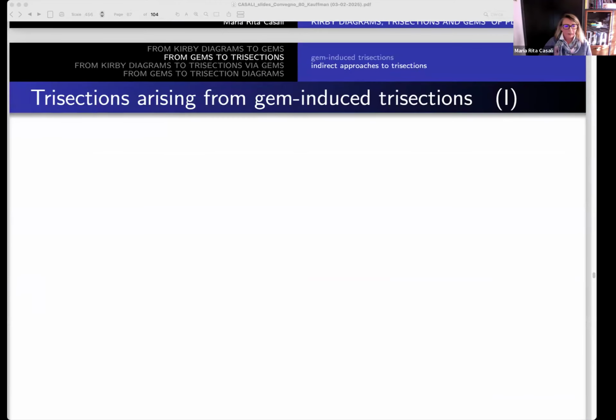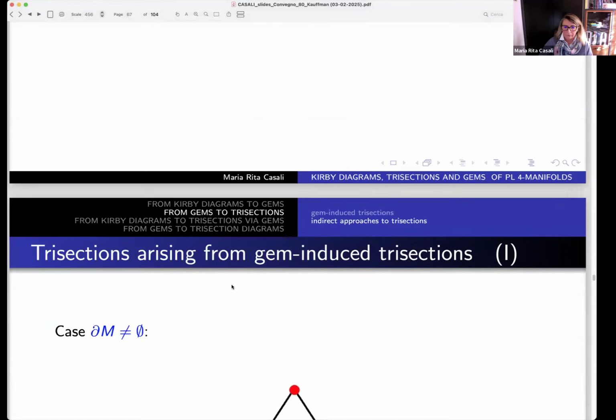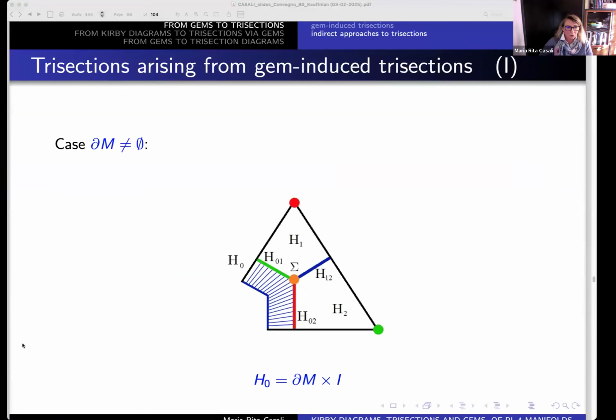Nevertheless, there are two indirect approaches to trisections of closed four-manifolds, starting from gem-induced trisections. The first indirect approach relies on the particular type of extension to the boundary case performed by gem-induced trisections, where one of the four-dimensional pieces is a collar on the boundary.